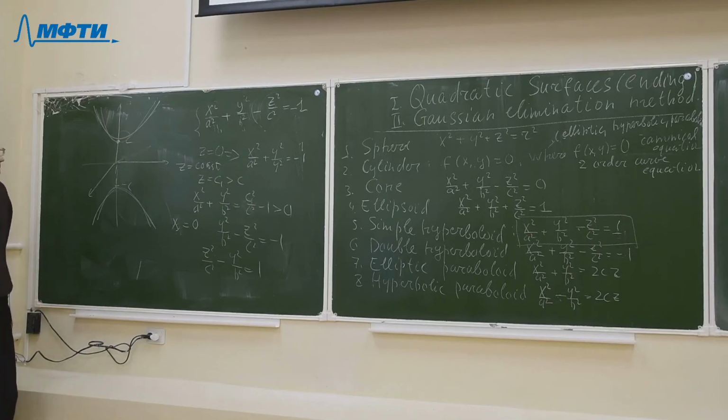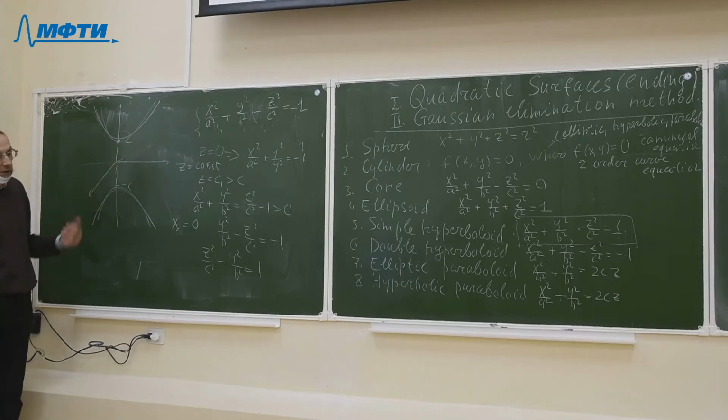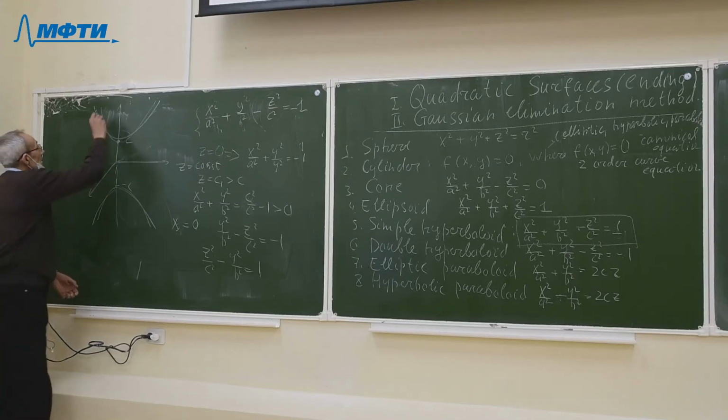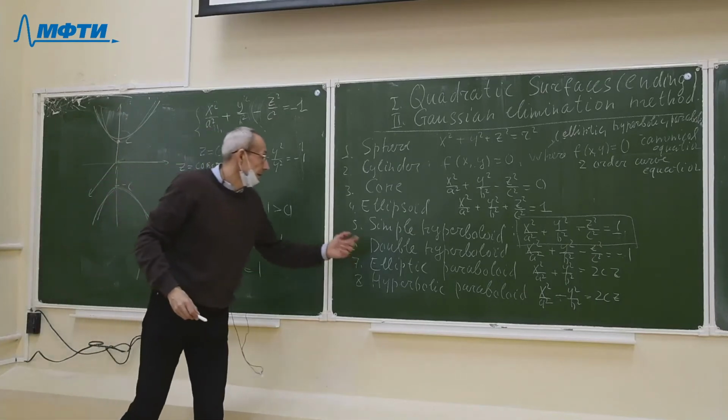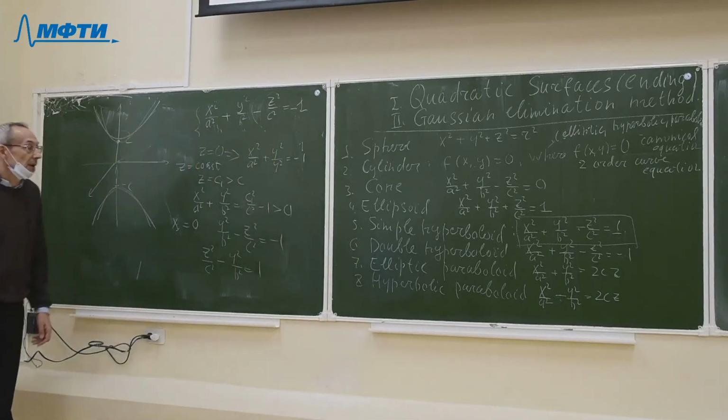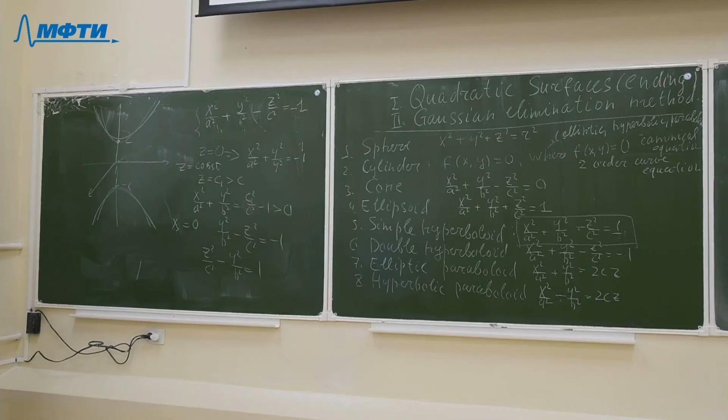And in this case, we obtain two parts of this surface. The name double hyperboloid reflects this fact. This surface has two parts.